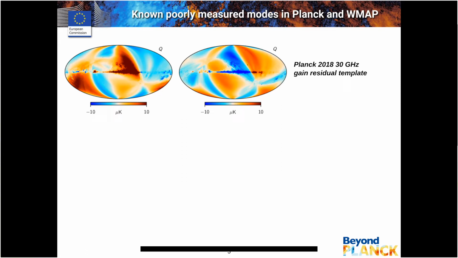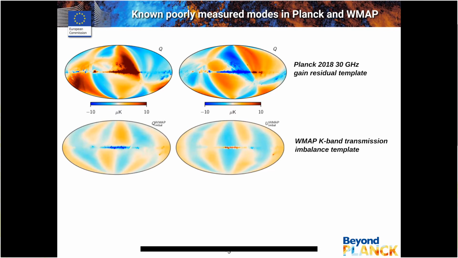So here you can see the Planck 2018 gain residual templates. These were basically fitted post hoc to the maps, and these are modes that Planck knew that it had not done a very good job of measuring, just purely because of the scan strategy and geometry and things like that. By comparison, we could see basically the exact same sort of thing in WMAP.